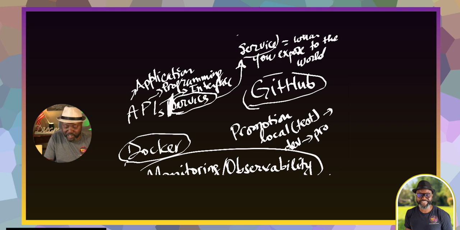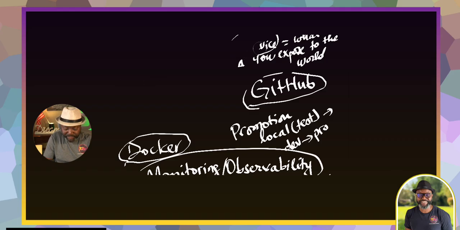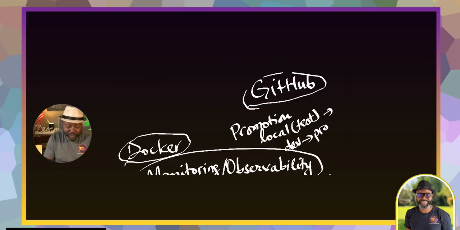So that's a service. You expose an application as a service because you want the rest of the world to access it. Any question? Okay. So then I'm gonna get rid of this and we'll come back to this when we talk about EKS.